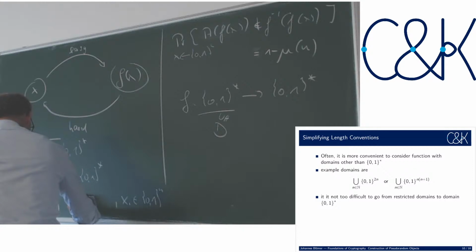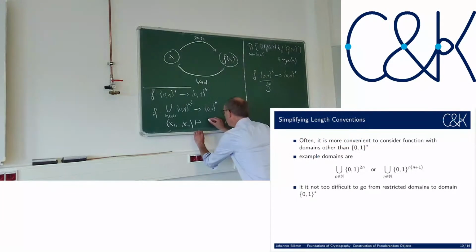And you map it to f bar of x1 up to f bar of xn.